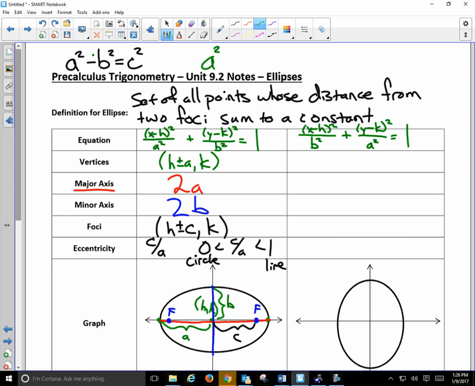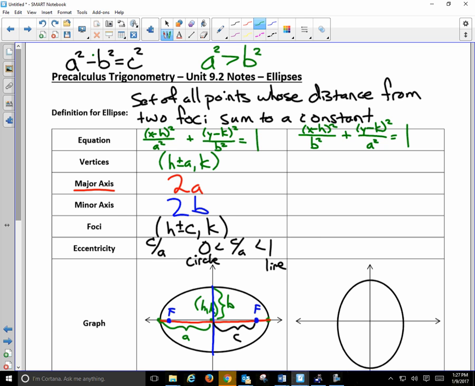For ellipses, a squared is always the larger of the two values. A is always larger than b, and a squared is always greater than b squared. That should make sense, because if b squared was larger, what would happen when you subtract them? You get a negative, wouldn't you? That'll be a problem. So a squared's always larger.